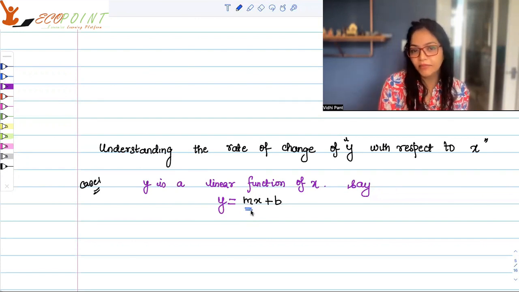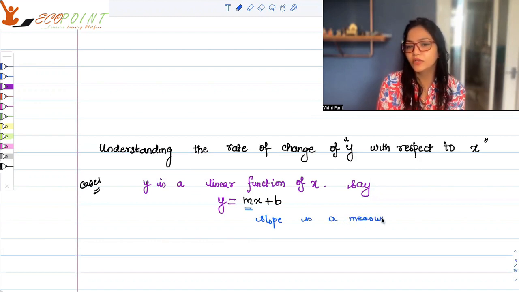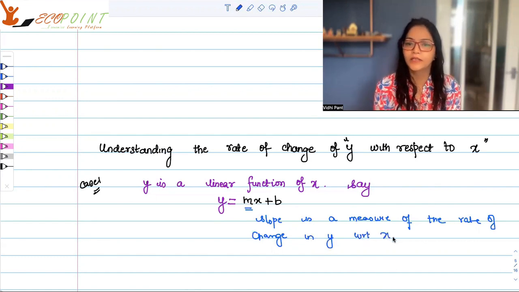This m that you see here, which is called slope, is a natural measure of the rate of change in y with respect to x.